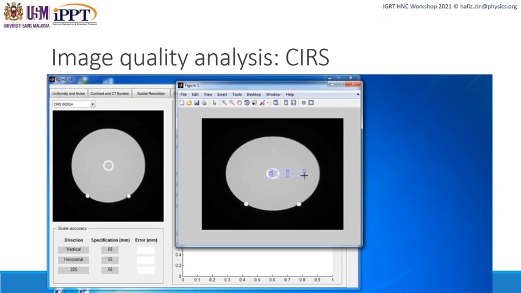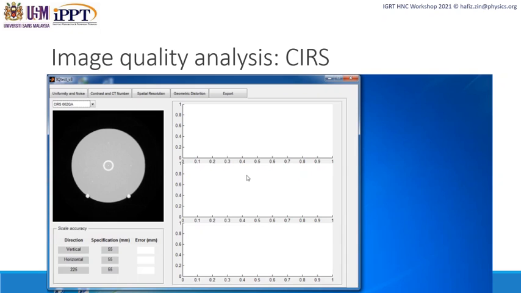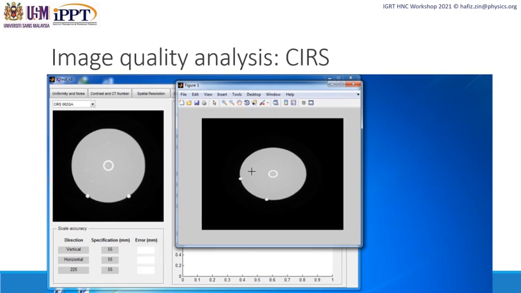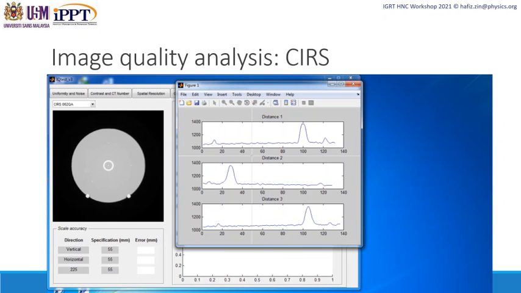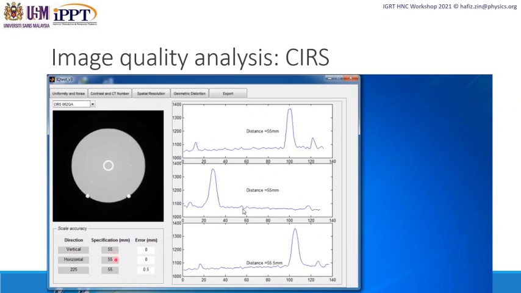There are 3 markers there: first the horizontal, vertical, and also the diagonal one in the other direction. Then we measure the distance between the 2 points using the peak value of each point, and then we compare with the specification, which is 55 mm here.